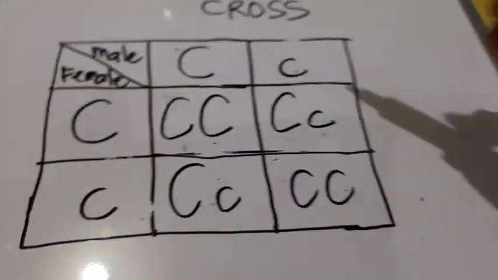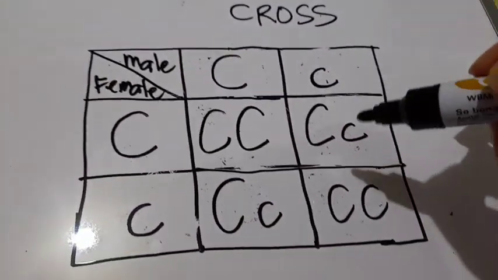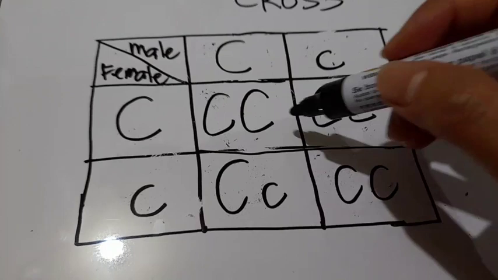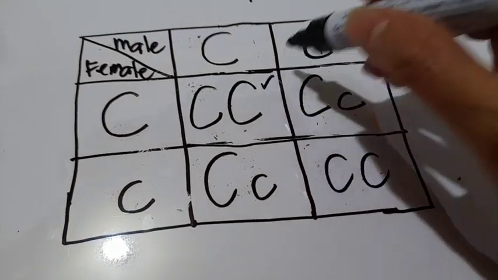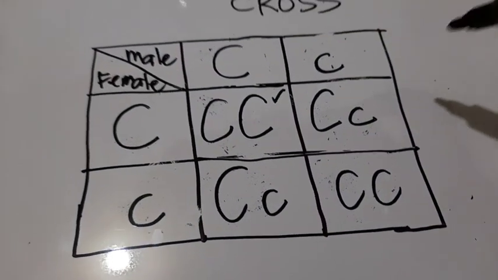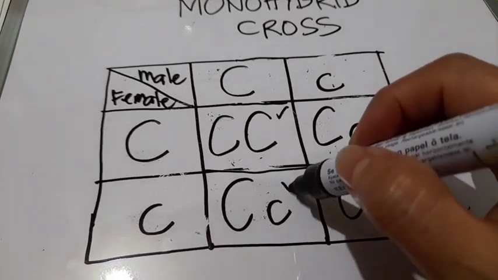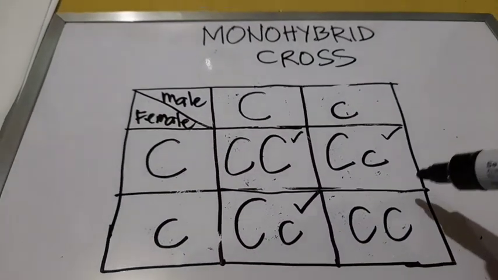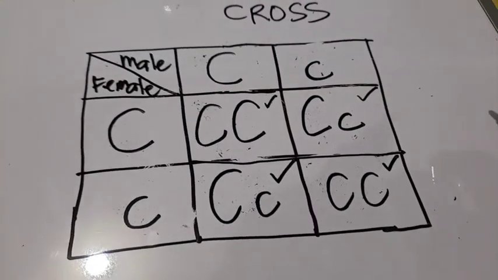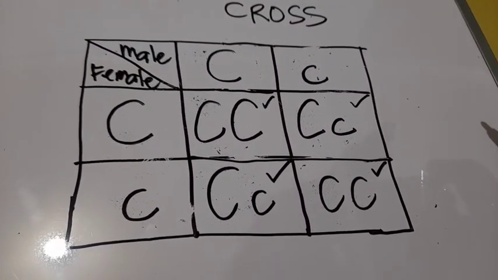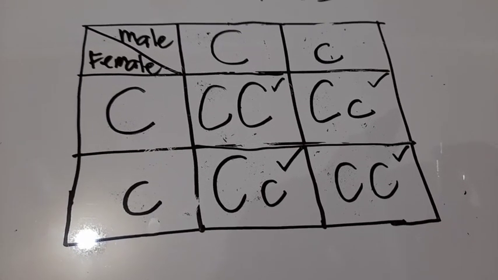So what will be the appearance of the hair of the offspring now? In number 1, it is curly, correct. In number 2, it is also curly. Number 3 is also curly. And the fourth one is straight. Straight hair.